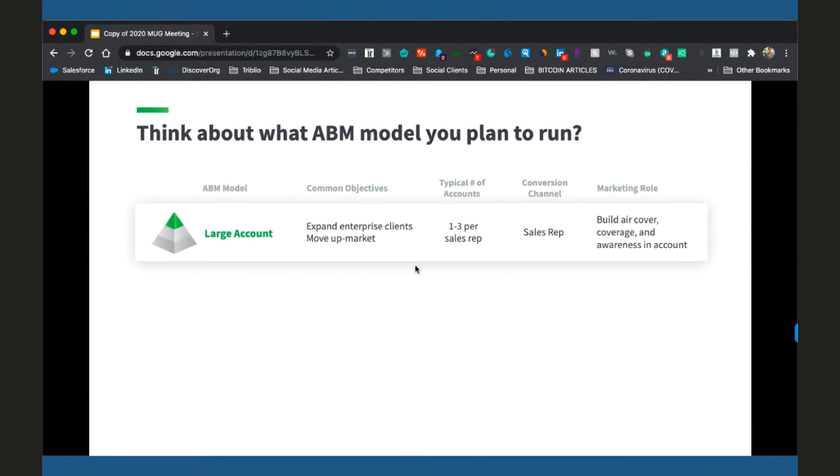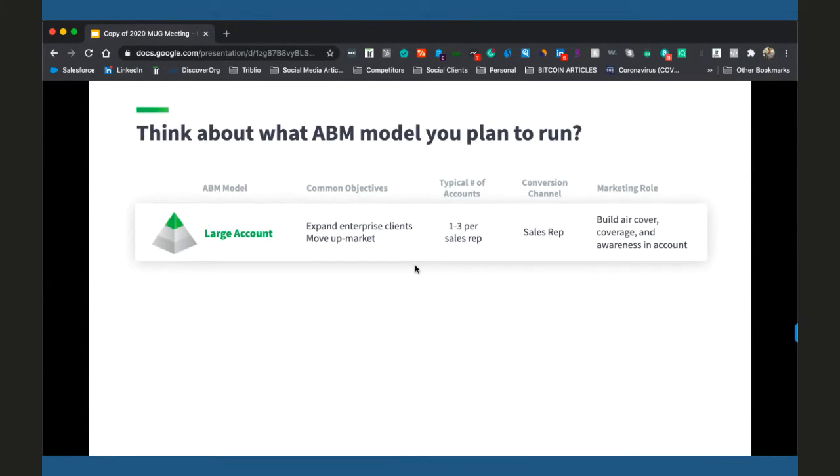Large account ABM is typically a much smaller, more strategic account list, generally maybe 1 to 3 accounts per sales rep. So if you have 10 sales reps, that's only 30 accounts. Very small, but these are really large enterprise accounts.